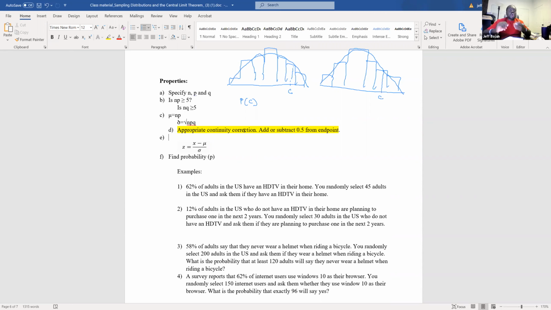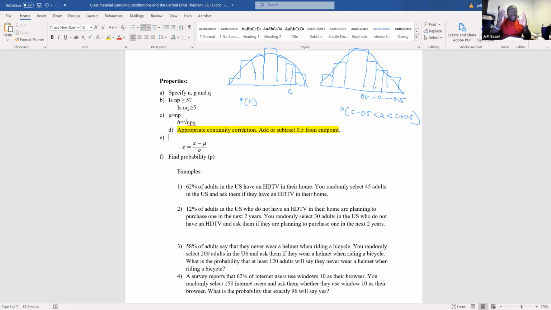So in order to turn a normal distribution into binomial, we do what we call correction. To correct that, we say, okay, if you're looking for exactly C here, we have to subtract 0.5 here and also add 0.5 here. When we do that, we end up getting an almost exact value.